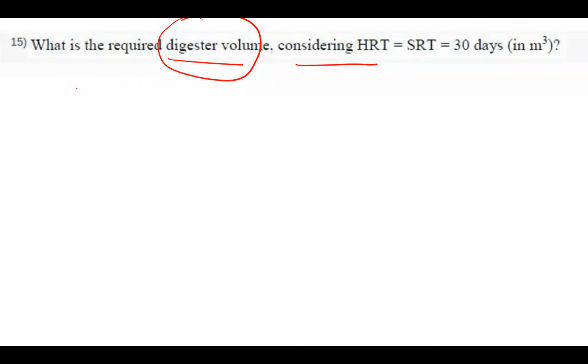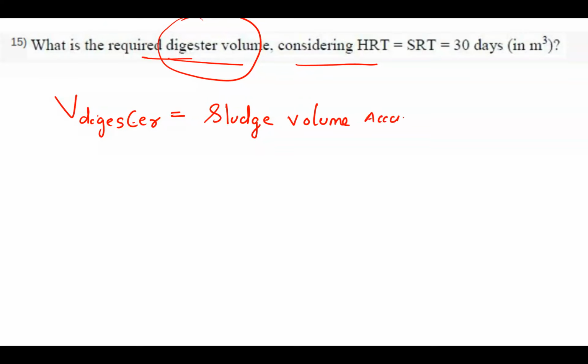How to calculate this? The volume of the digester we can calculate as the sludge volume accumulation rate into HRT, the hydraulic retention time.